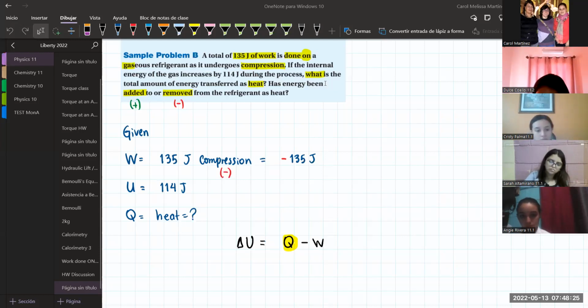It goes to the other side to add. So you're going to have internal energy plus work is equal to Q.